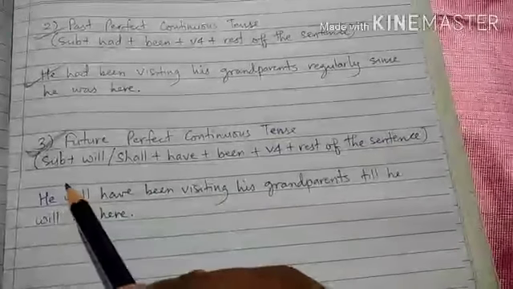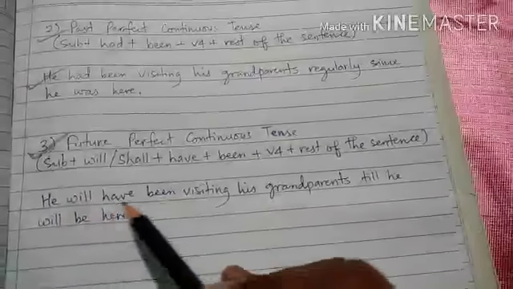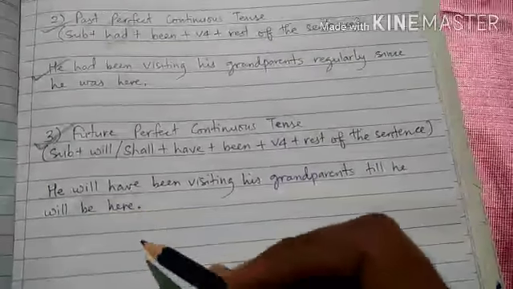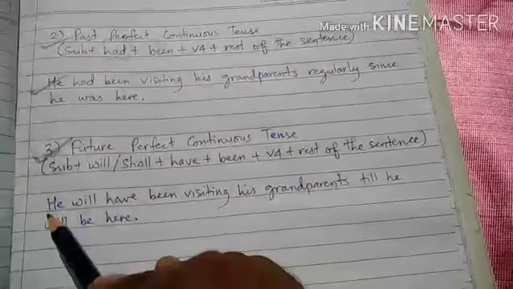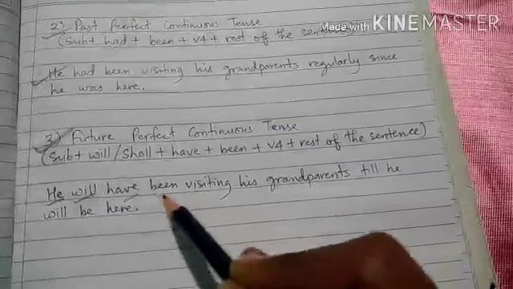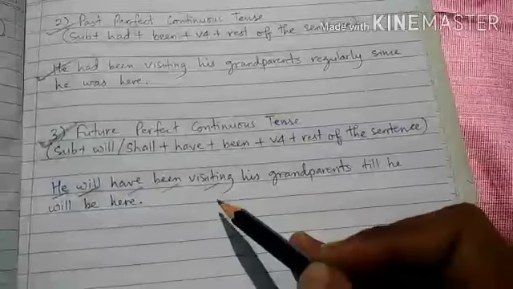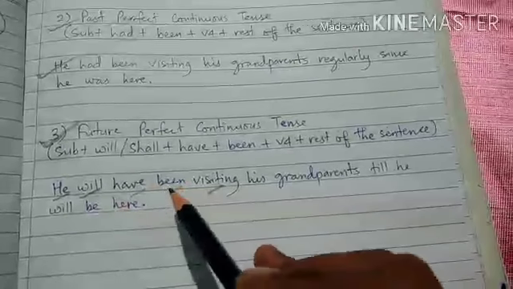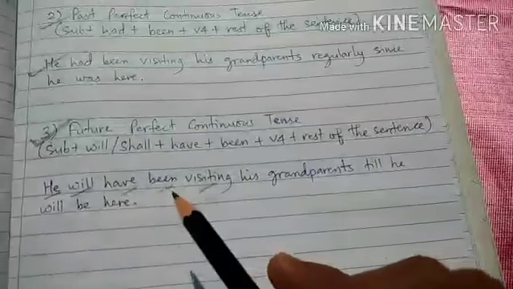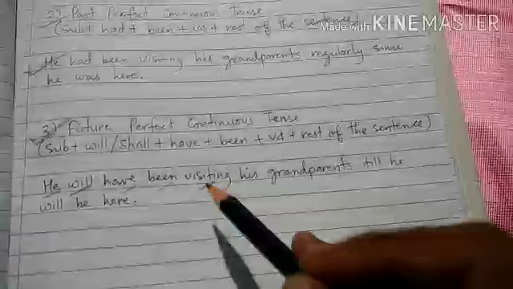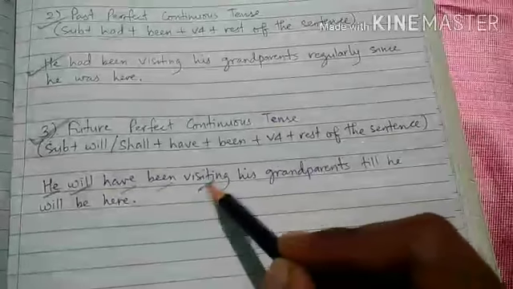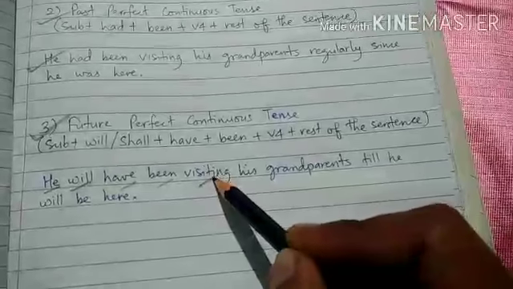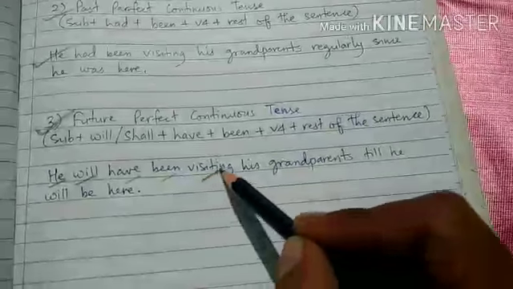Now see, he will have been visiting his grandparents till he will be here. So here, subject plus will plus have plus been plus V-ing. Understood? So the requirement of the above forms are correctly used here. So now we will try framing. We will practice framing sentences or transformation of tenses.